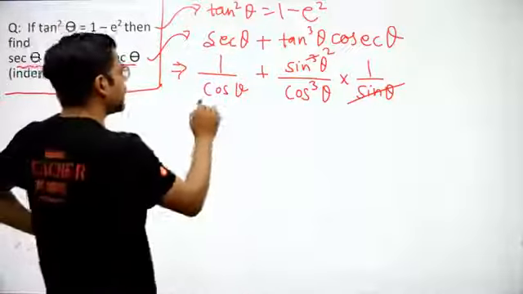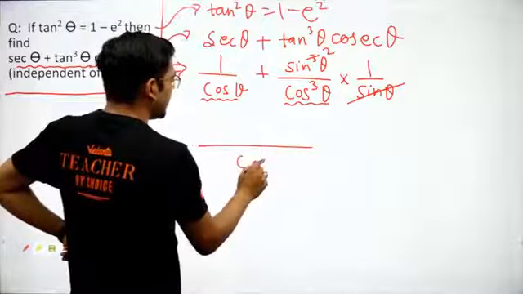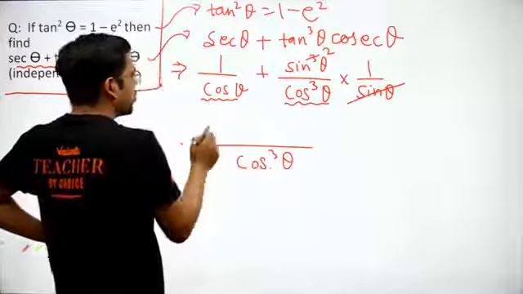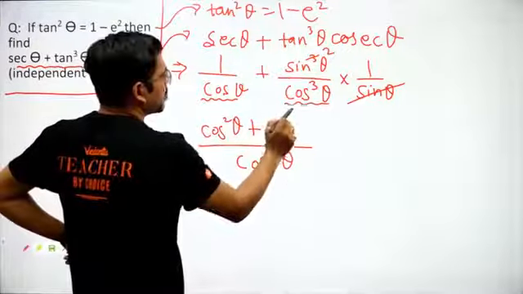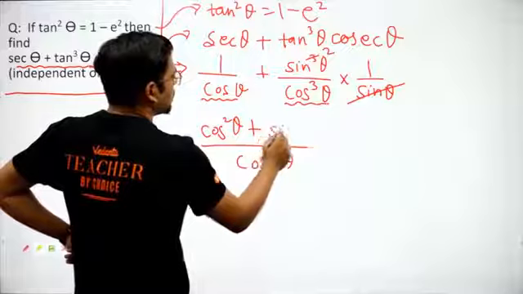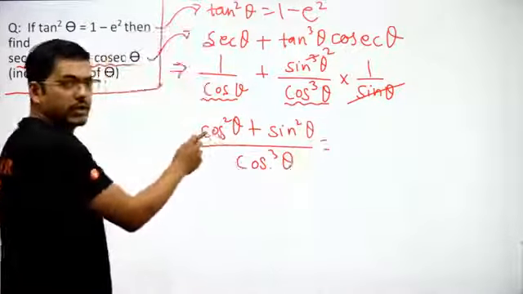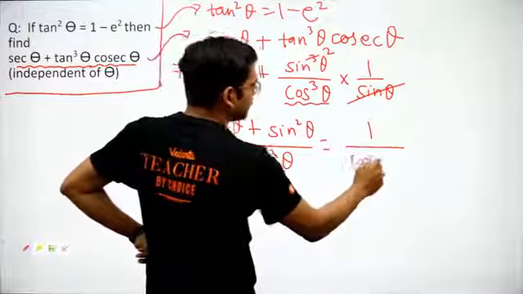And if we take the LCM of cos theta and cos cube theta, we will get the LCM as cos cube theta, and cos cube theta divided by cos makes cos square theta, plus cos cube theta by cos cube theta is 1, and here sin square theta. Now you know very well cos square theta plus sin square theta is equal to 1, divided by cos cube theta.